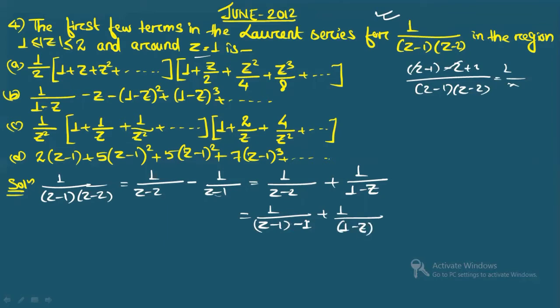This is how I am writing. Now you see here. In this case, this is positive. I am writing this 1 by 1 minus z. All right. Here you see it is z minus 1. If I take minus common, I can write it as 1 by 1 minus z plus 1. Right. This is what I can write to make both of them 1 minus z.